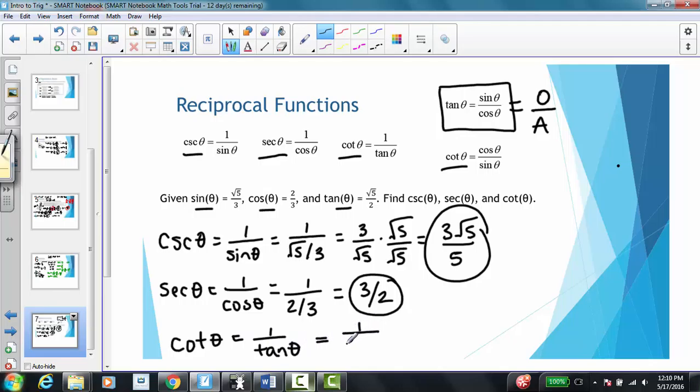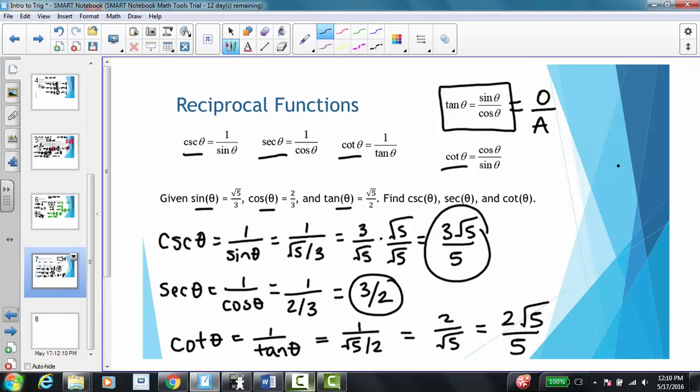They said tan theta was root 5 over 2, which gives me 2 over root 5. Getting rid of that radical, I get 2 root 5 over 5. And so that's really all you need to know for your introduction to trig video.